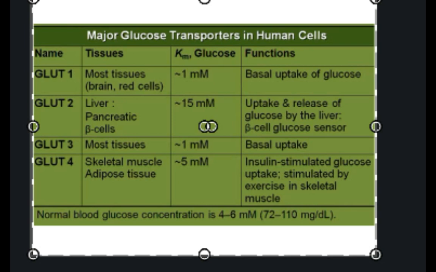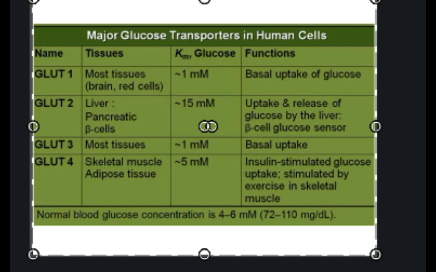It has a high Km value, 15 millimolar, and this 15 millimolar shows that it has low affinity for glucose, while glucose transporter 1 and 3 have high affinity for glucose. Second, we already discussed that normal glucose level is almost 5 millimolar, while the Km value of glucose transporter 1 and 3 is 1 millimolar.